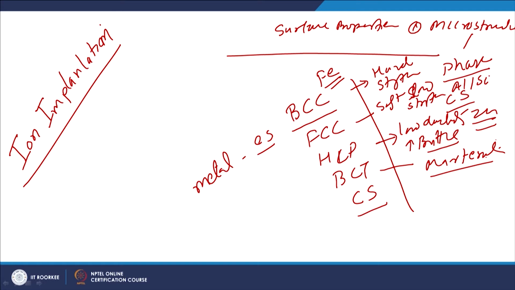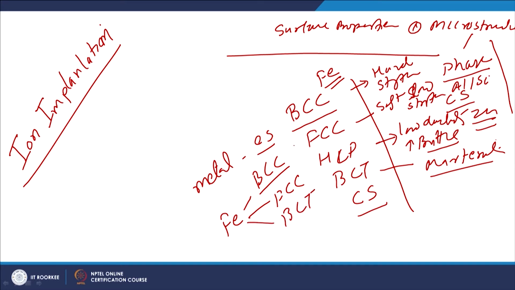For a given metal there can be various crystal structures, especially in allotropic materials. Iron, for example, can be in the form of BCC, FCC, or even BCT crystal structure. So, according to the crystal structure, properties are significantly influenced.